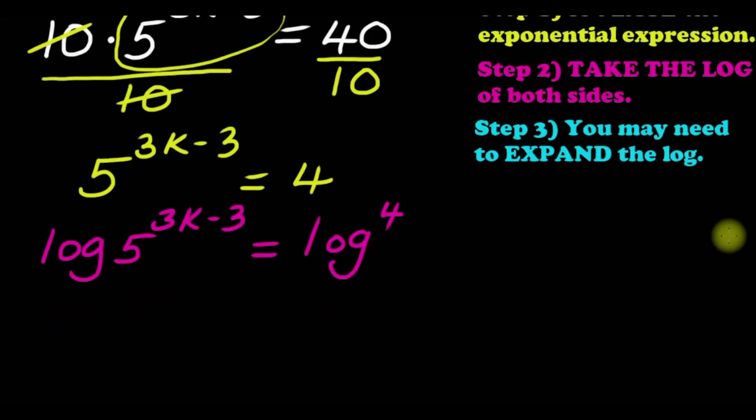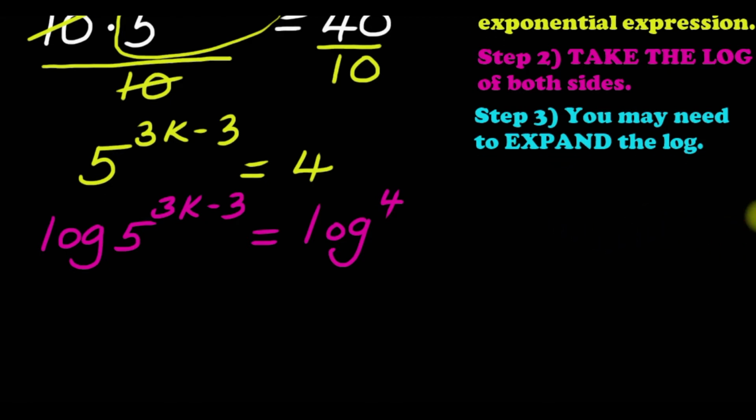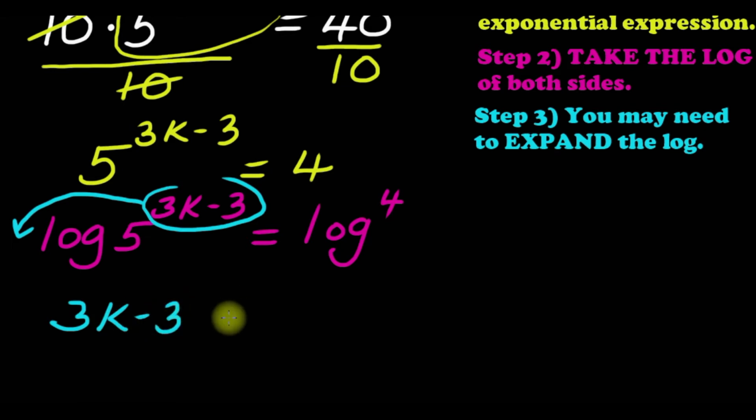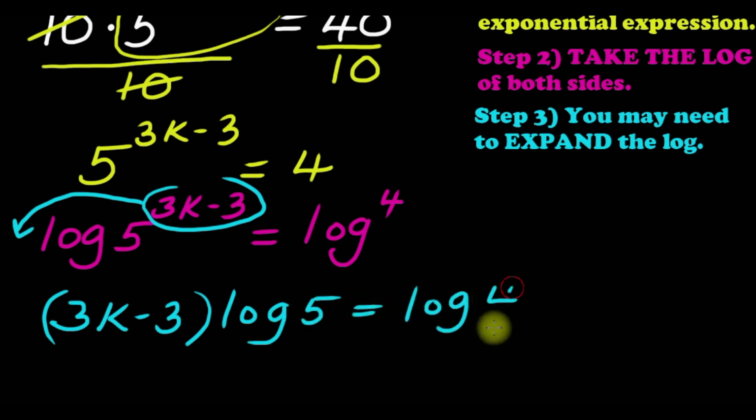Step 3 is to expand the log. So I would have to expand the log using the properties of logs. Okay, using the power property here, I'm able to bring down the 3k minus 3. So it's going to look like this now: 3k minus 3, that whole thing times log 5 is log 4.